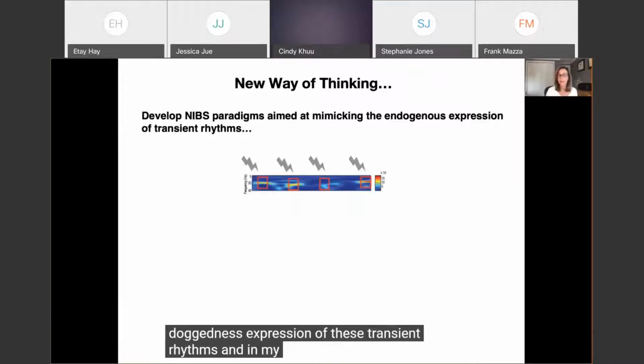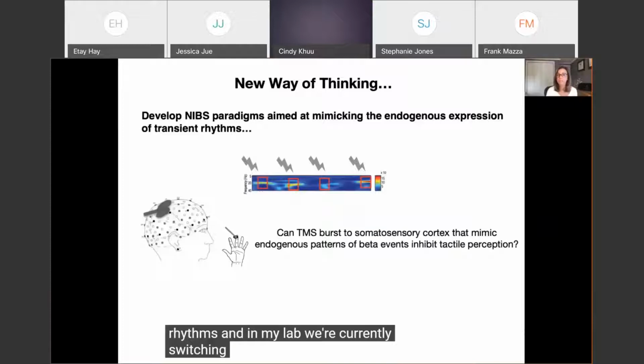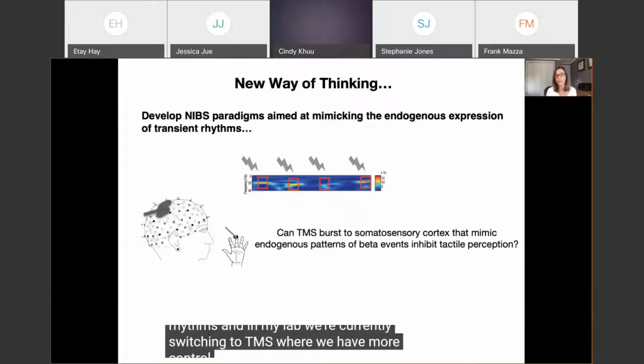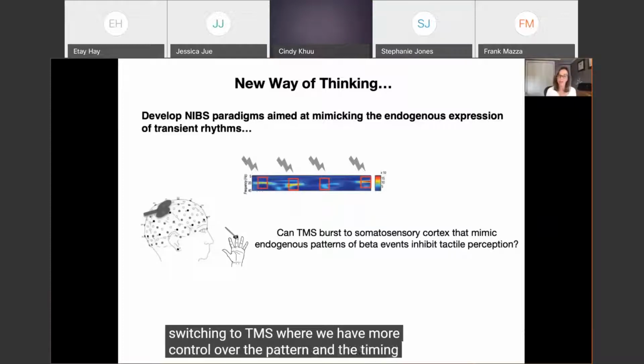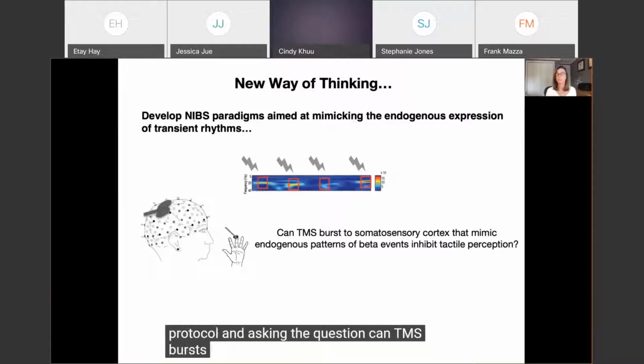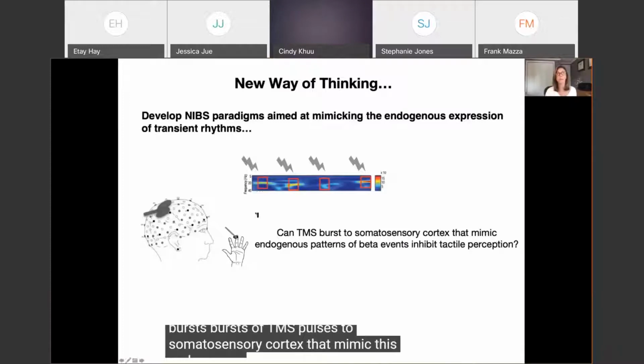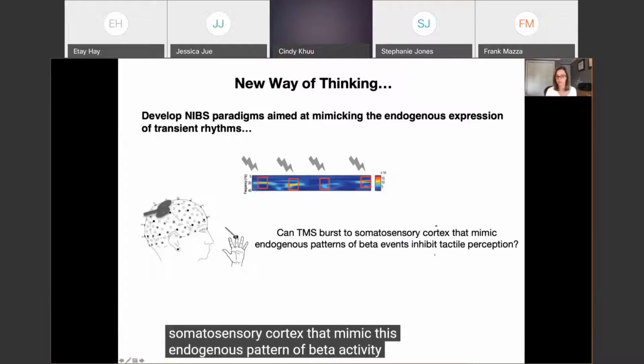And in my lab, we're currently switching to TMS, where we have more control over the pattern and the timing of the inputs. And we're developing a protocol and asking the question, can bursts of TMS pulses to somatosensory cortex that mimic this endogenous pattern of beta activity be effective at inhibiting perception?